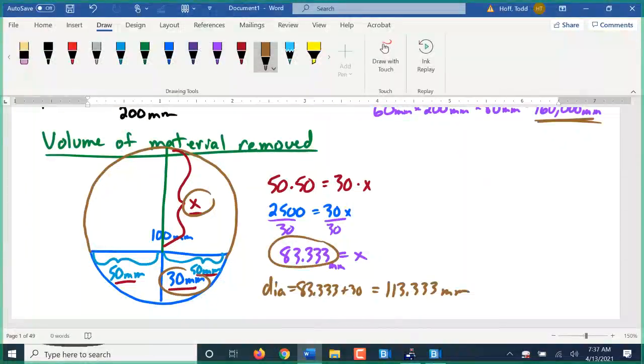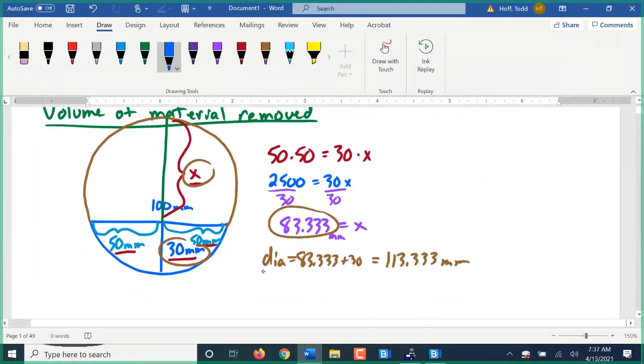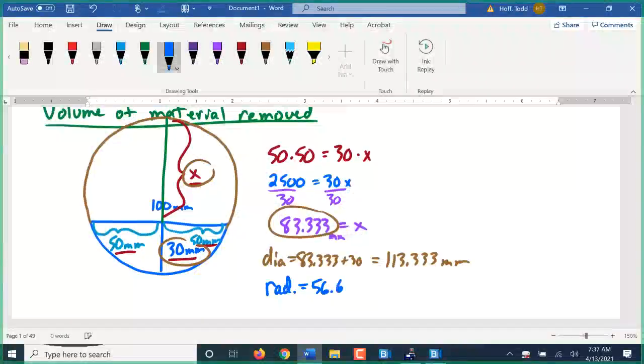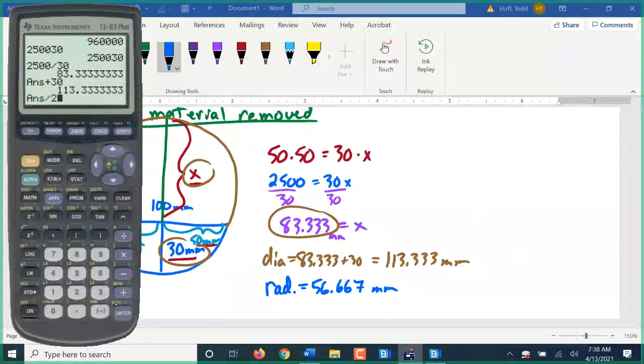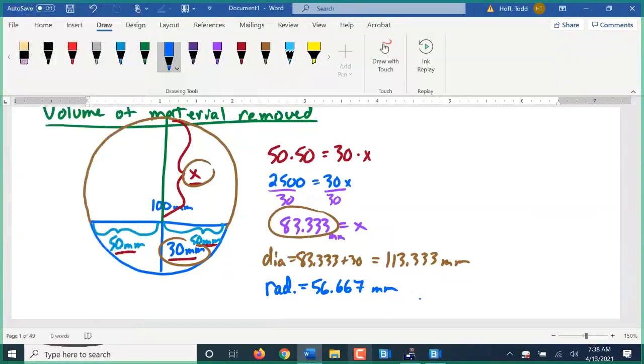And then the radius, of course, is half that: 56.667 millimeters. So we have the radius of that circle. That means up here, this radius right here is 56.667 millimeters, and this would be the same over here.